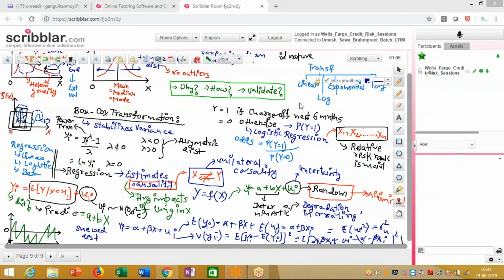my model development base. And when I talk about default, a typical default definition would be 90 days past due, or if the borrower has undergone troubled restructuring, or has been put into payment plans, or when the account has been written off from the books of the bank, or some forbearance activity has happened against it.